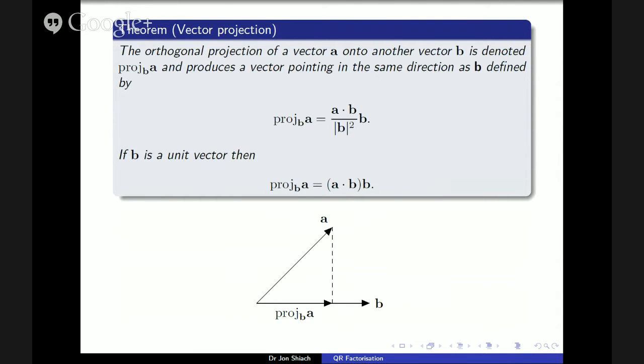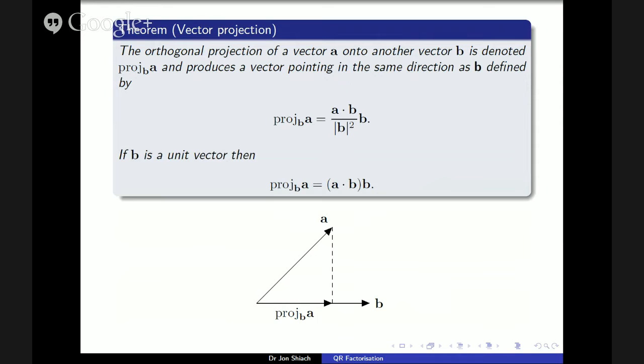We also need to know about vector projection. This should be a recap of what you've done in previous studies in linear algebra. A vector projection is a projection of one vector onto another. I tend to think of it as the shadow cast from one vector onto the other vector.